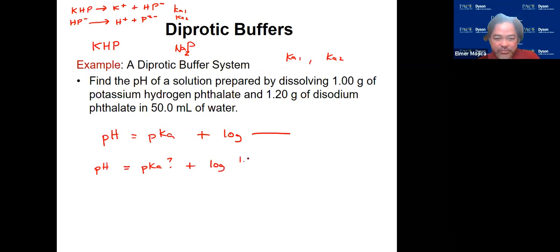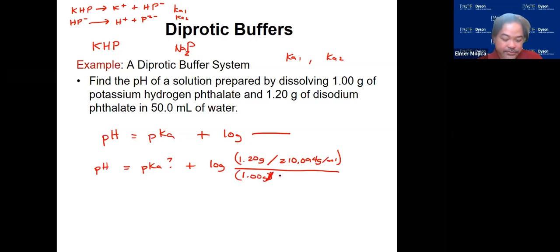You have 1.20 grams divided by 210.94 grams per mole, and this one is 1.0 gram divided by 204.221 grams per mole.